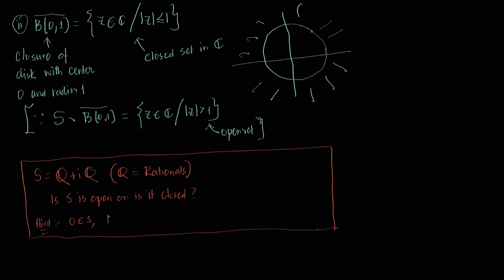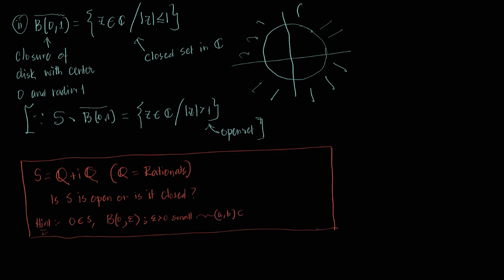If you take a small ball B with center 0 and radius epsilon, it doesn't really matter how small epsilon is, epsilon greater than 0. Now you see this ball will contain a very, very small element, an irrational number, let's say a plus ib.